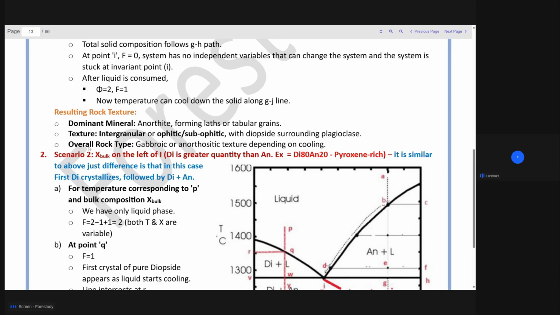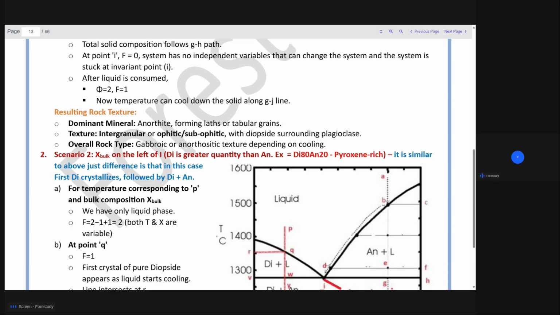So now the overall rock type will be gabbroic or anorthositic texture depending on the cooling. Gabbro is actually a mafic rock which is rich in Mg and Fe, whereas anorthosite is a leucocratic rock, that means light colored rock, maybe grayish or whitish, which is rich in feldspar but lacks the Mg and Fe.